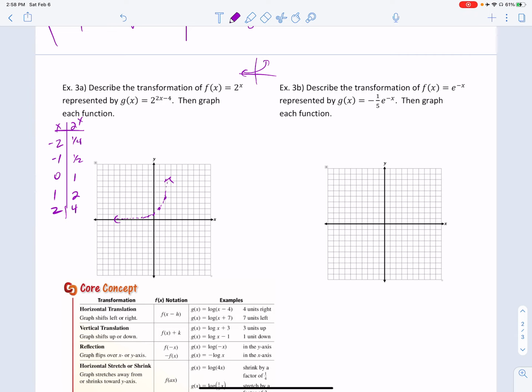Now, we haven't really seen this combination of 2 times x, which has something to do with a horizontal shrink, and then the -4, but there's an order, and it's not left to right in this case. In this case, you ignore the 2x, and you need to perform the going right 4 first.